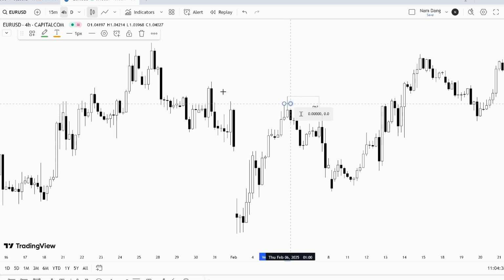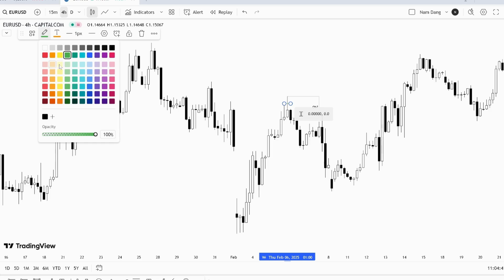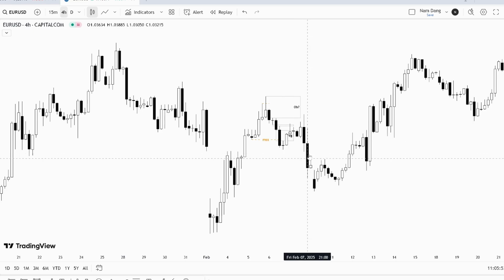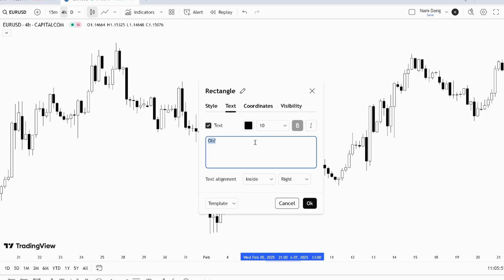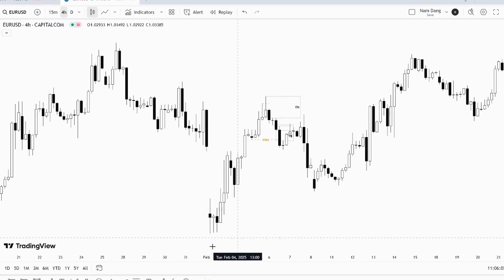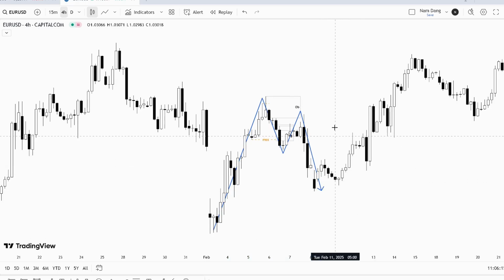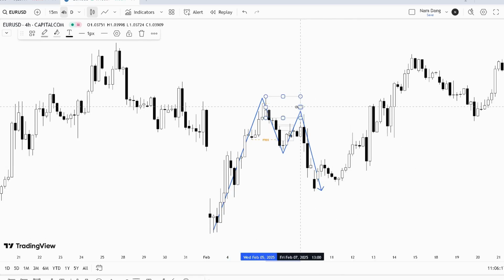Secondly, this candle sweeps the high of the previous one, satisfying the liquidity grab condition. Finally, the move down that follows creates multiple fair value gaps and marks a clear shift in market structure. So, this confirms it as a valid order block. And as shown on the chart, price eventually comes back to retest the order block before continuing its downward move, just as the concept suggests.